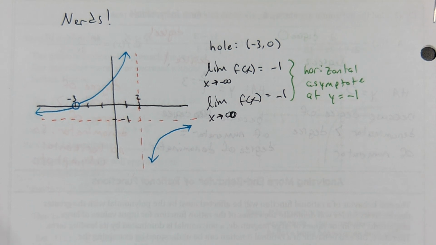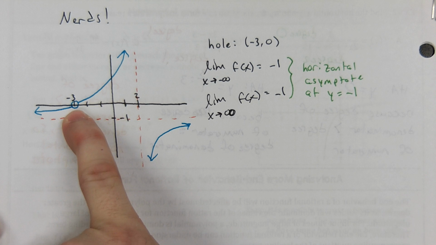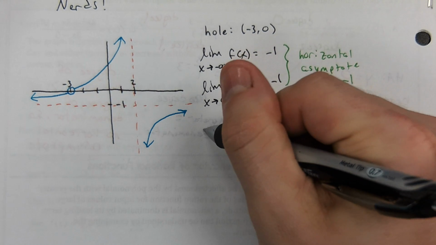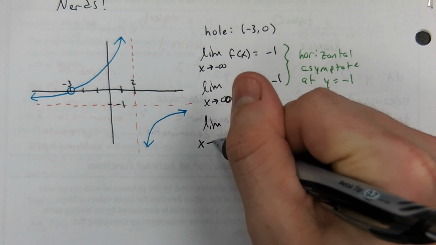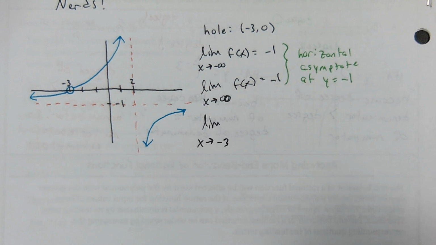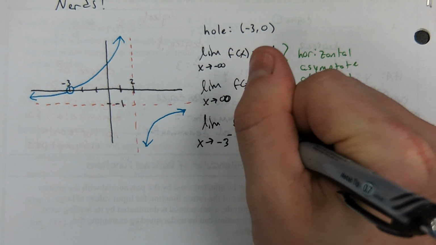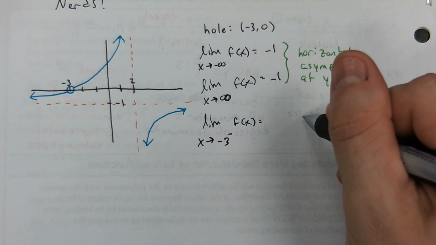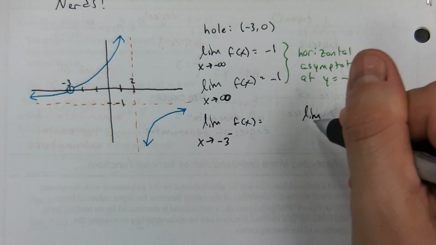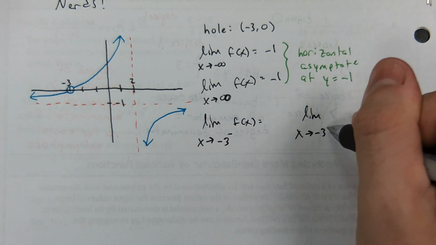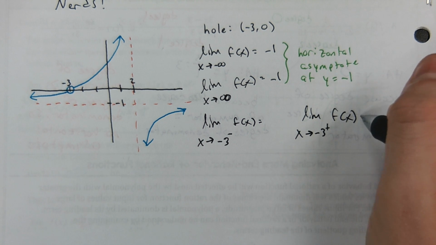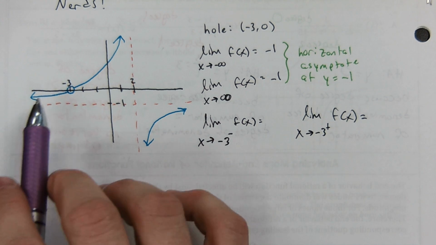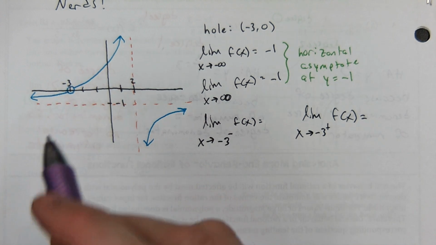Now let's allow our x's to approach this hole in our graph. It's happening at x equals negative 3, but you could be on the left of it, or you could be on the right of it. So let's say we're trying to get towards negative 3, but we're on the left side.